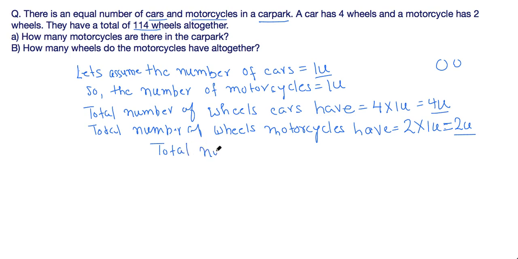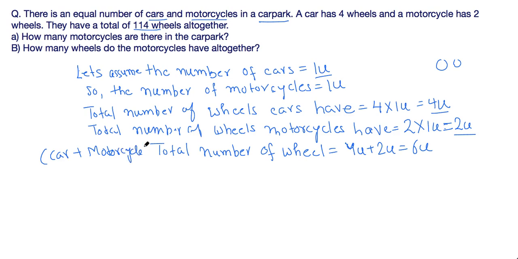Now what is the total number of wheels? That includes both, car plus motorcycle. It will be 4 units plus 2 units, which is equal to 6 units.